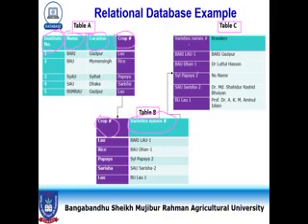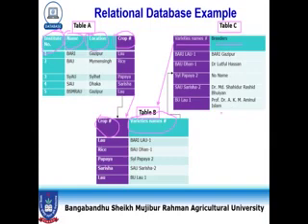And table C also has 2 data fields: varieties name and breeders. So from these tables we can see table A is related to table B, and table B is related to table C.